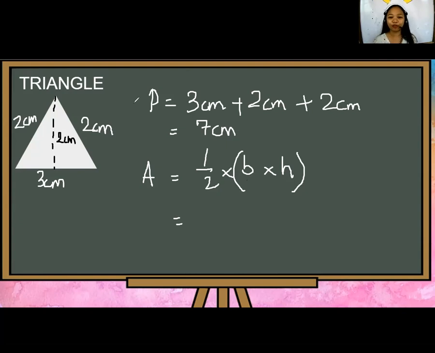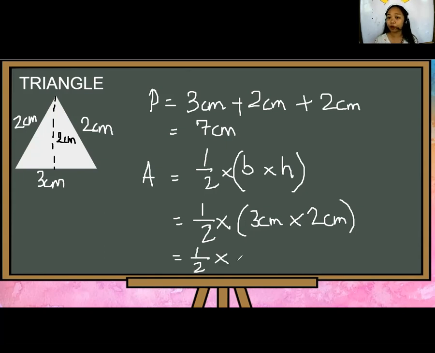Okay, so first let's bring down 1/2. 1/2 times base is equals to 3 centimeters times height is equals to 2 centimeters. Okay, since 3 times 2 is inside the parenthesis, we need to prioritize them. Okay, 3 times 2 is equals to 6. cm times cm is equals to centimeter squared.